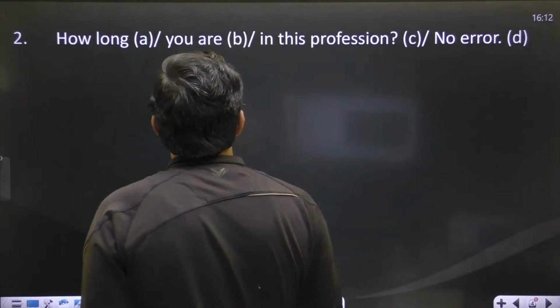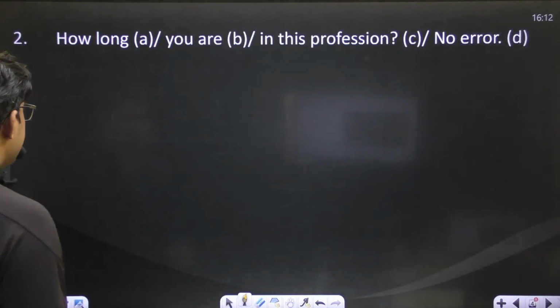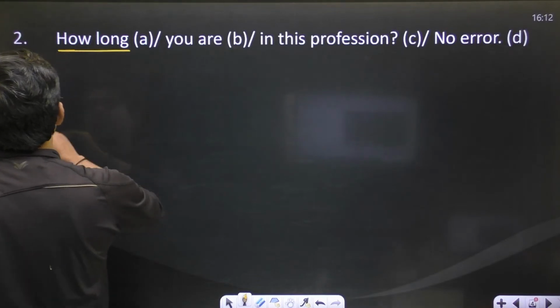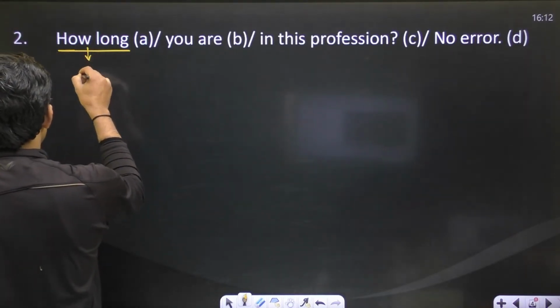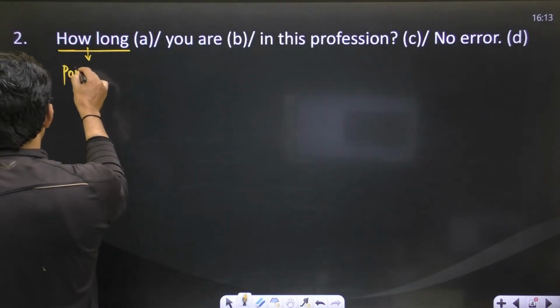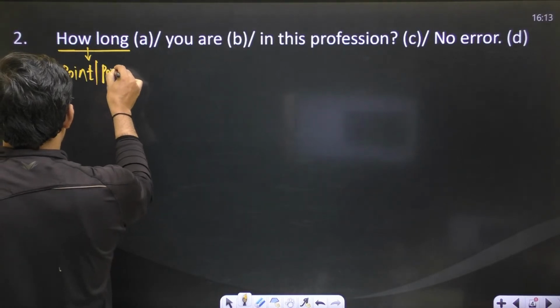How long you are in this profession? In this sentence, the word "how long" always asks a question about a point or a period.